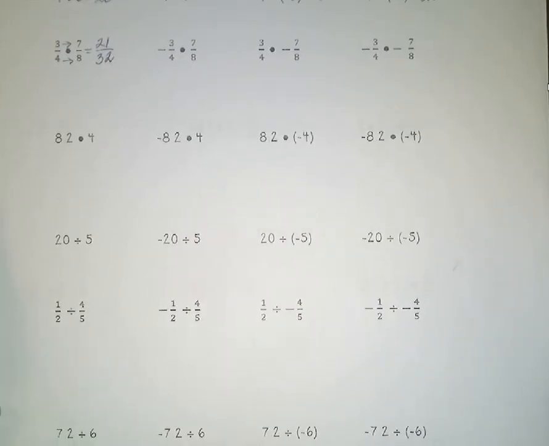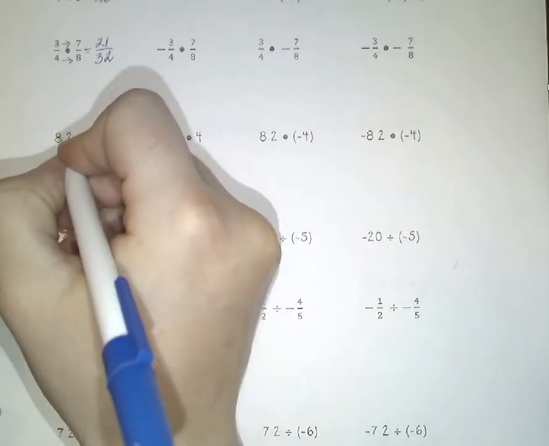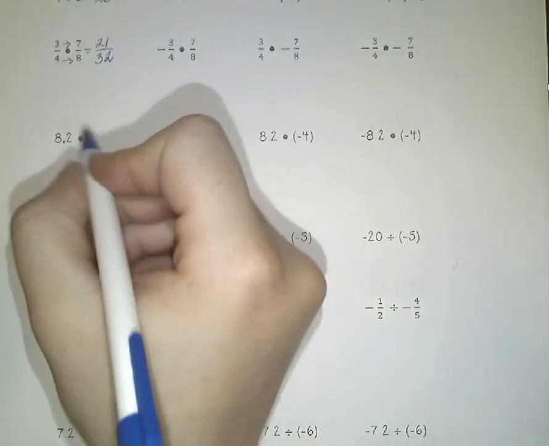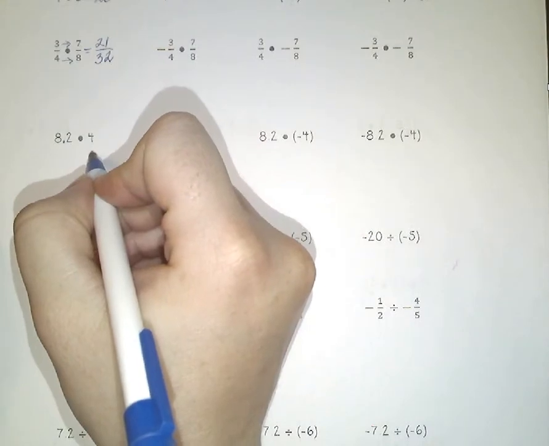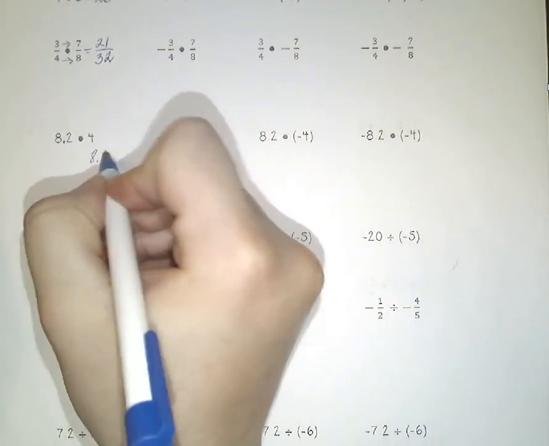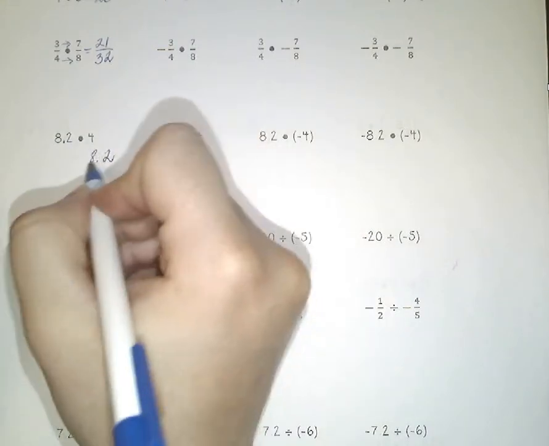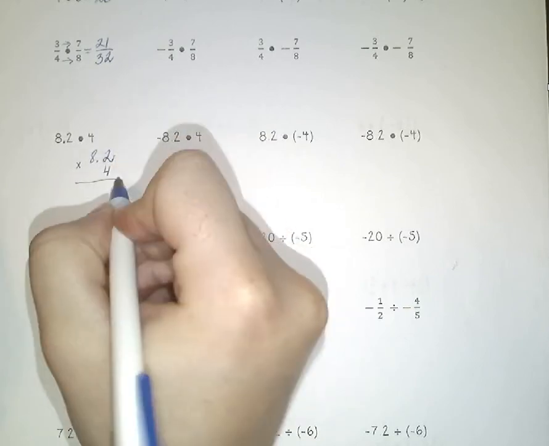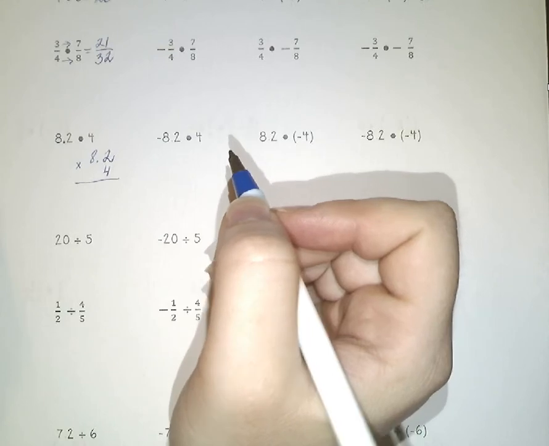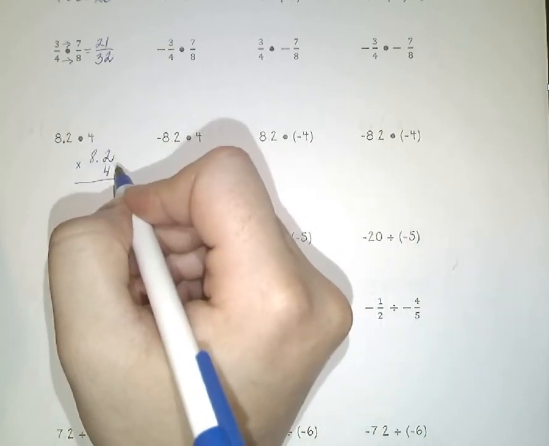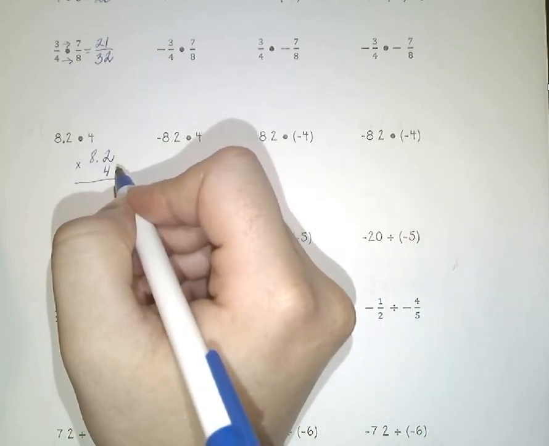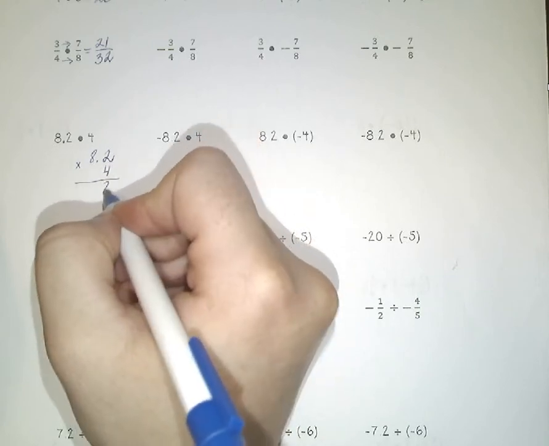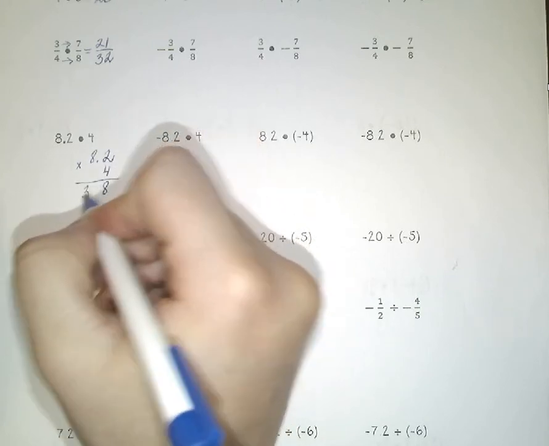8 and 2 tenths times 4. This is not 82, this is 8 and 2 tenths. What we need to do is put 8 and 2 tenths and multiply it by 4, just like you would normally multiply numbers. And remember to count the number of decimal places in the end. So 2 times 4 is 8, 8 times 4 is 32.